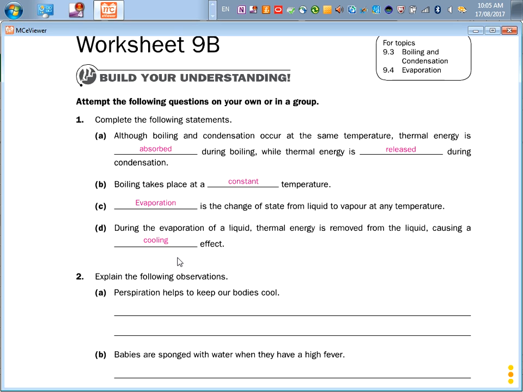Some of the moisture on your skin evaporates. And what causes it to evaporate? The gain in energy, right? So when it gains energy, it can change its state. So how did it gain energy? It must have gained from somewhere, and it gained from you. That means you lost thermal energy, and that's why you feel cooler.